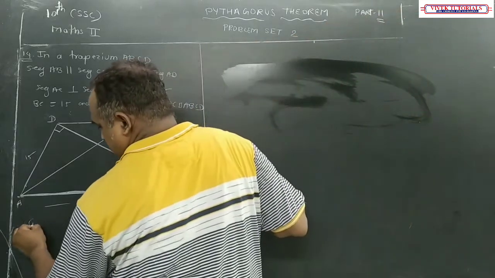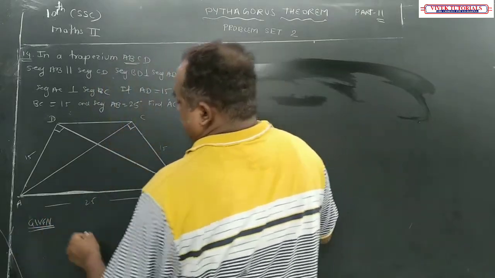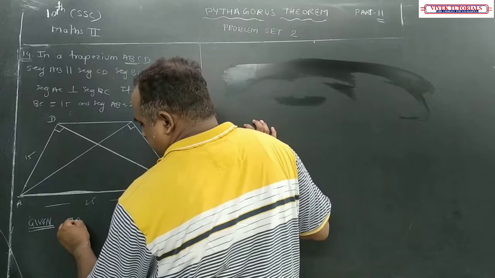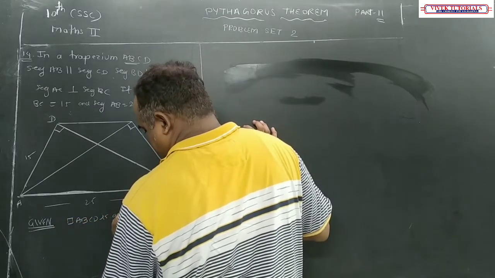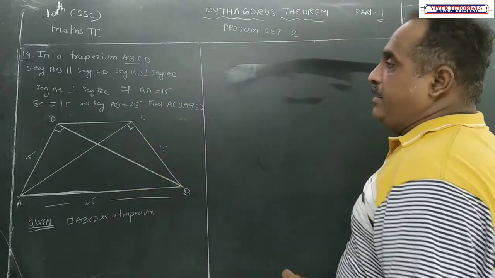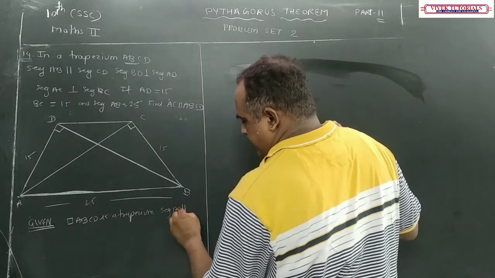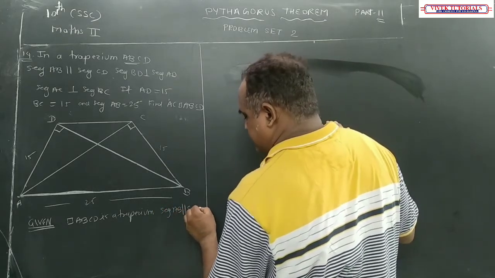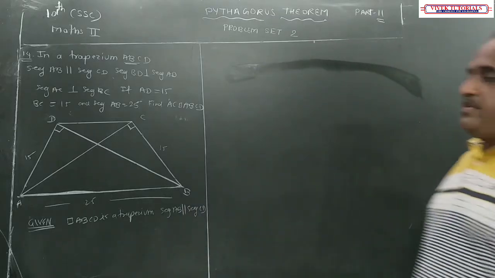Given, what is given? That quadrilateral ABCD is a trapezium in which segment AB is parallel to segment CD.